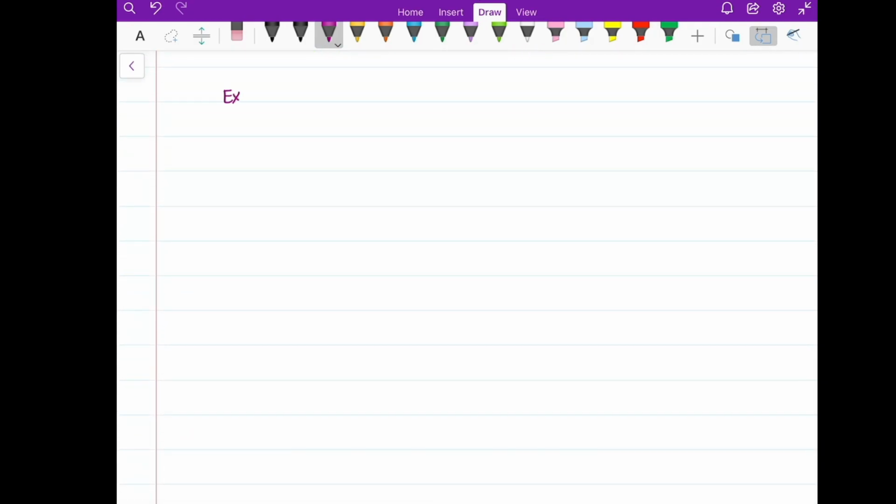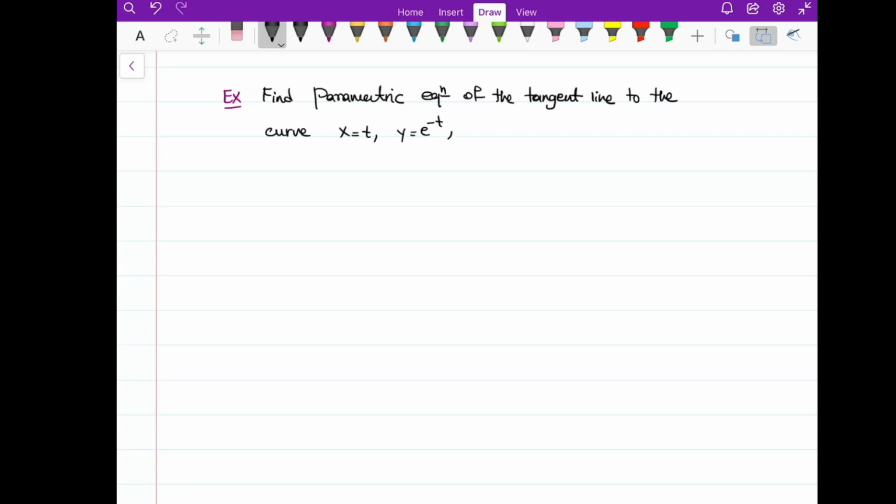Okay, let's have one example. As an example, find parametric equations of the tangent line to the curve x equals t, y equals e to the negative t, and z equals t cubed at the point (0, 1, 0).